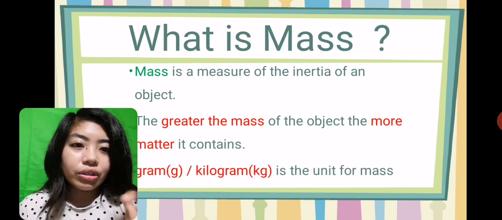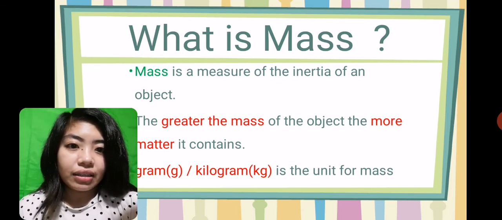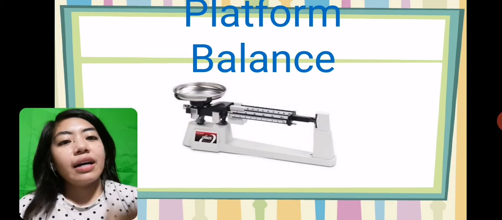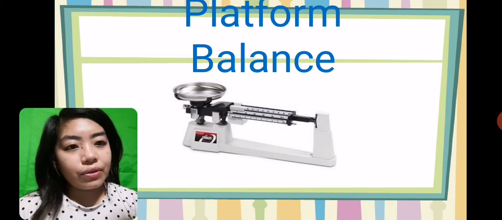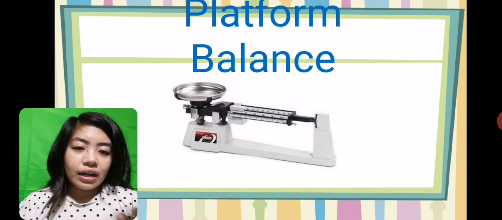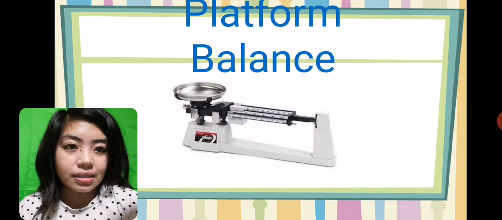So, ang unit of measurement natin dito is grams or kilograms. So, these are the instruments that are used in order to have the mass of an object. So, example is the platform balance.